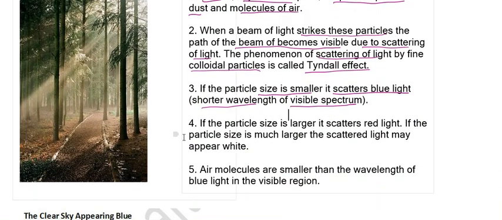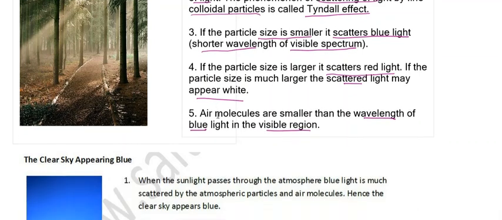If the particle size is larger, then it scatters red light, because red light has a higher wavelength. If the size is much larger than the wavelength of light, then it may appear white. You understand? Air molecules are smaller than the wavelength of blue light in the visible region, so that is why we are able to get this pattern of light.